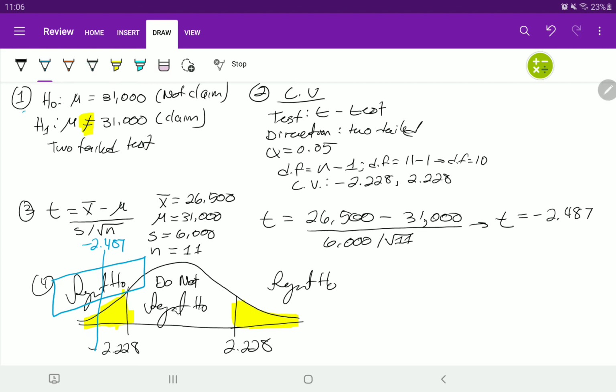Because we reject the null hypothesis, we're going to restate the alternative.